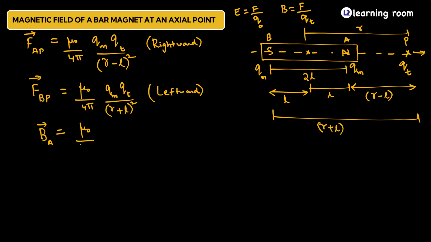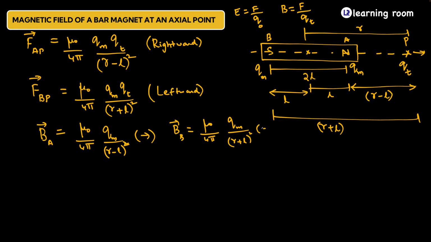It will be mu naught by 4 pi into Qm divided by (R minus L) the whole square to the right. So what is the magnetic field due to B? It will be mu naught divided by 4 pi into Qm divided by (R plus L) the whole square to the left. Am I right?